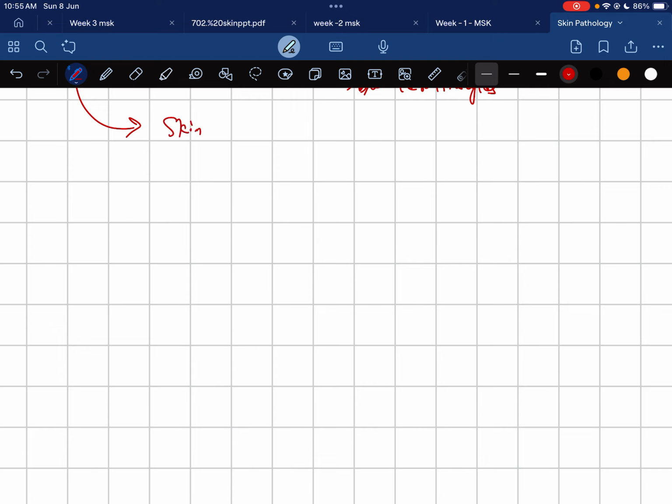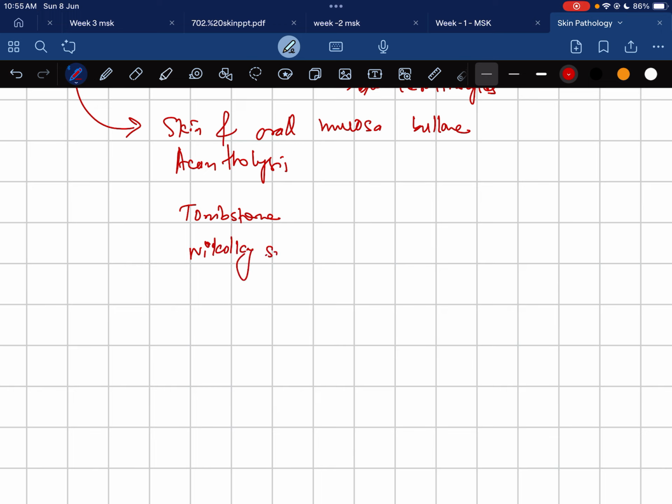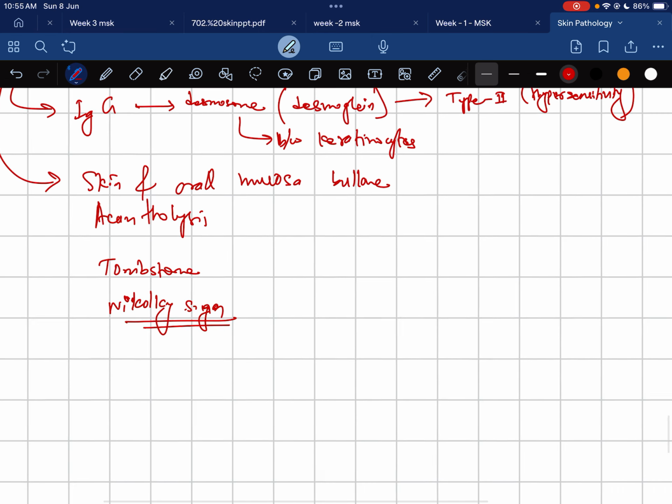There is acantholysis, and also there are tombstone cells, and then there is the Nikolsky sign.